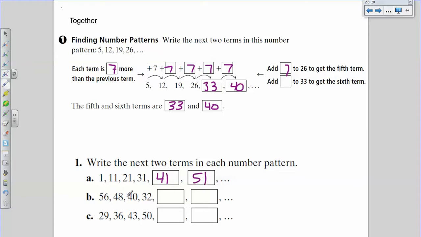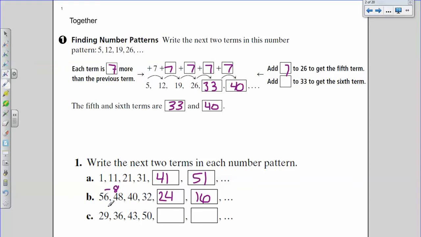My next one, so this one I'm decreasing, so I'm going to be subtracting, and it looks like I'm going to be subtracting by 8 each time. So 32, so that's going to be multiples of 8 backwards. So 24 and 16 should be my next two terms in the sequence of numbers.